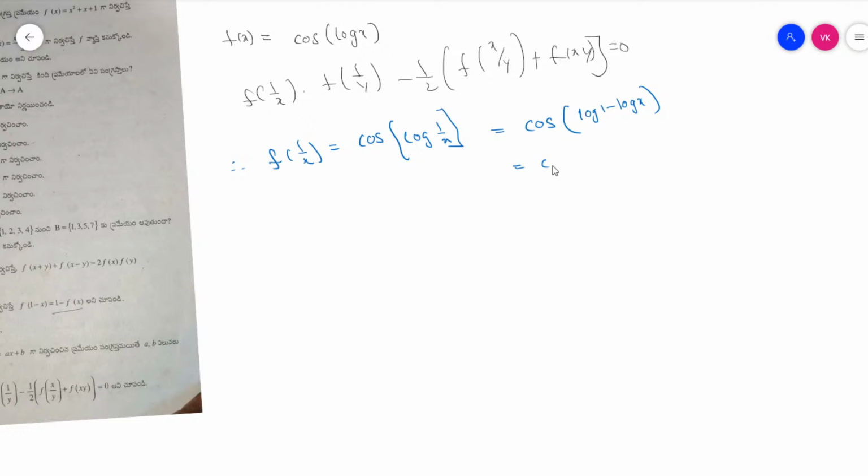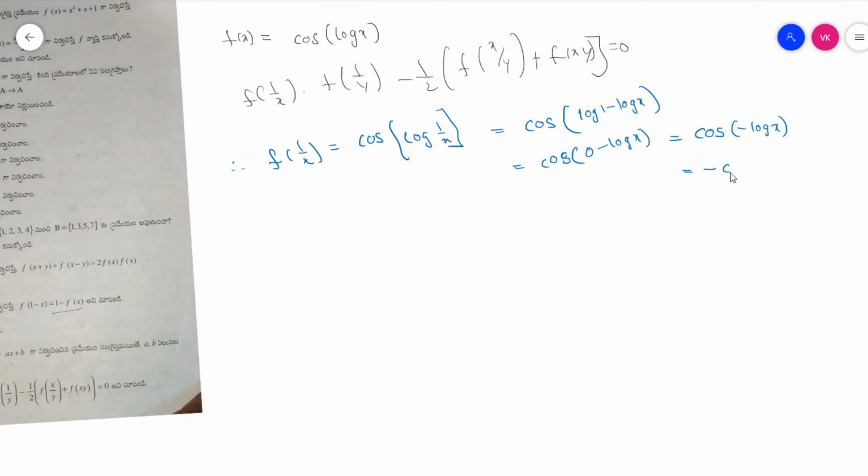Log 1 is equal to 0. Then we write 0 minus log x, that is cos of minus log x.